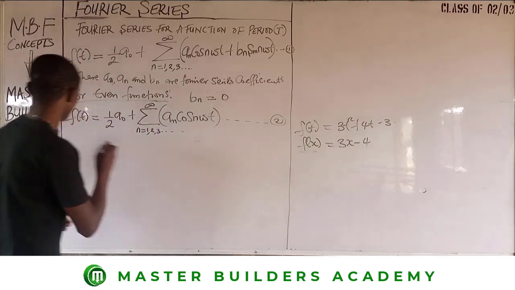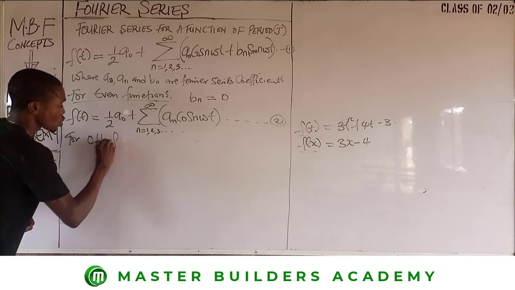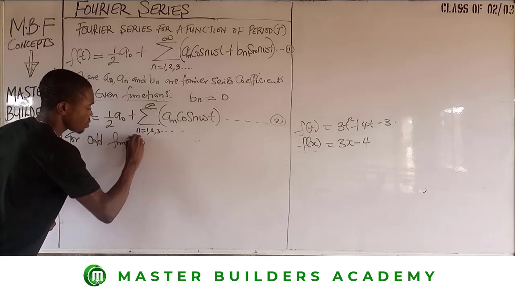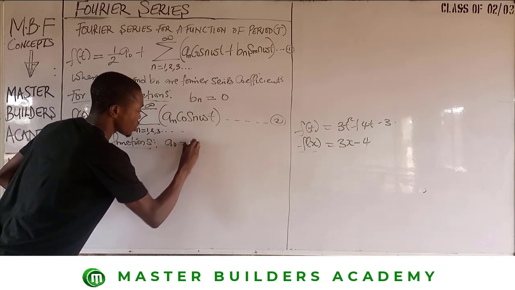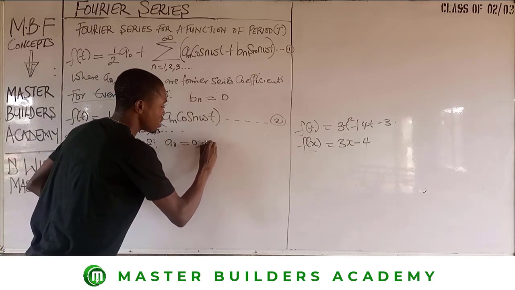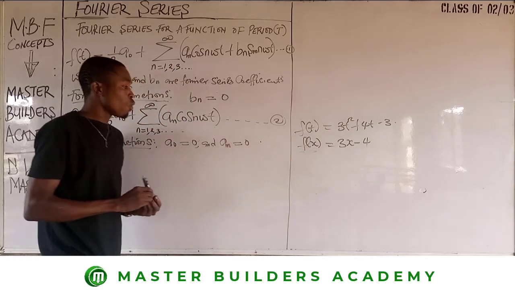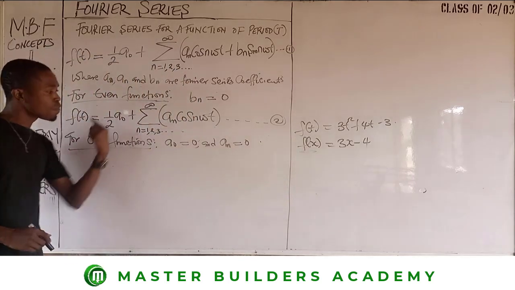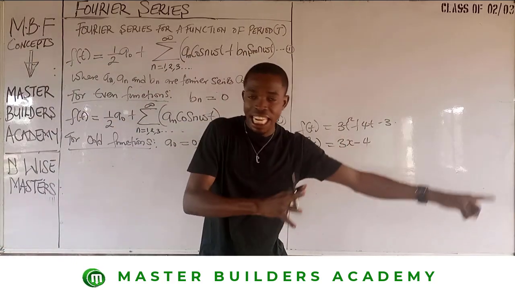But what happens when the function turns out to be an odd function? Follow me again. For odd functions, a naught is equal to 0 and an is equal to 0. So for every odd function, both a naught and an are equal to 0.